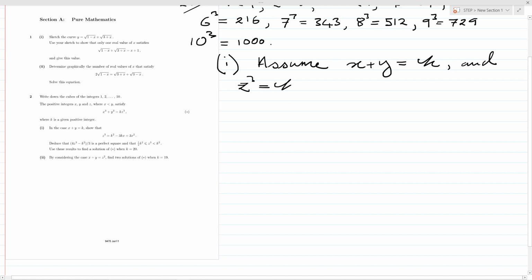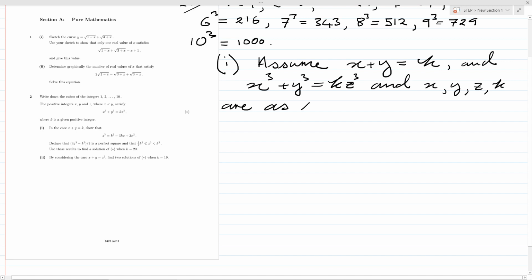No, not this one. That's not what we can assume because we're solving for that. We have to assume this: x cubed plus y cubed is equal to k z cubed, and that x, y, z, k are as stated.